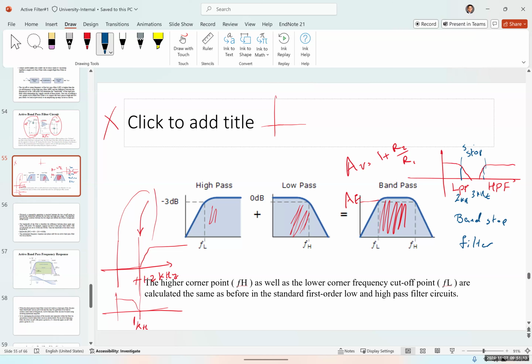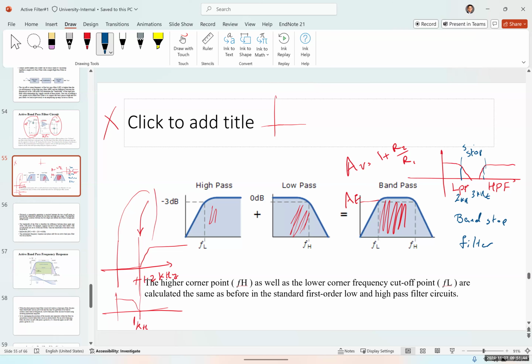Now, what do you think would be an application of a stop band filter or a notch filter? What do you think would be a good application for this? You could put in a speaker system the 60 hertz. Perfect. Great. Yes, you can put it in a speaker and block what we call the humming noise, or the 60 hertz that we have.